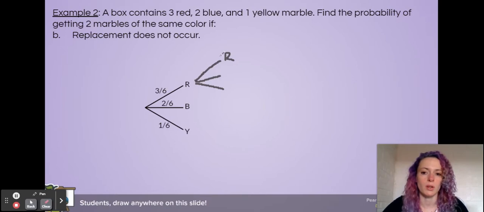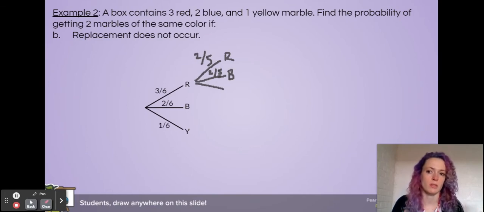So the probability of drawing a second red marble is only 2 out of 5. My probability of pulling a blue marble, we're saying from this branch that I pulled a red marble. So that means those 2 blue marbles are still there, but it's still decreased down to 5 marbles in the bag in general.